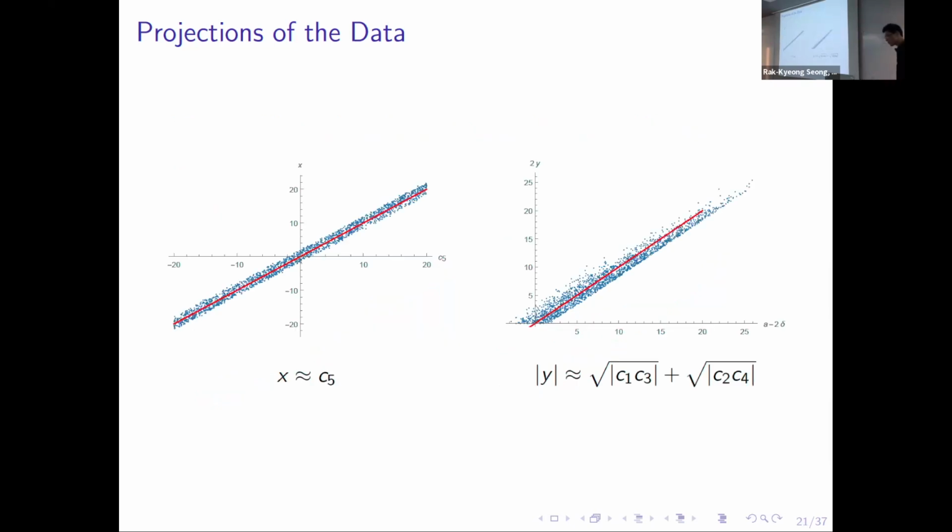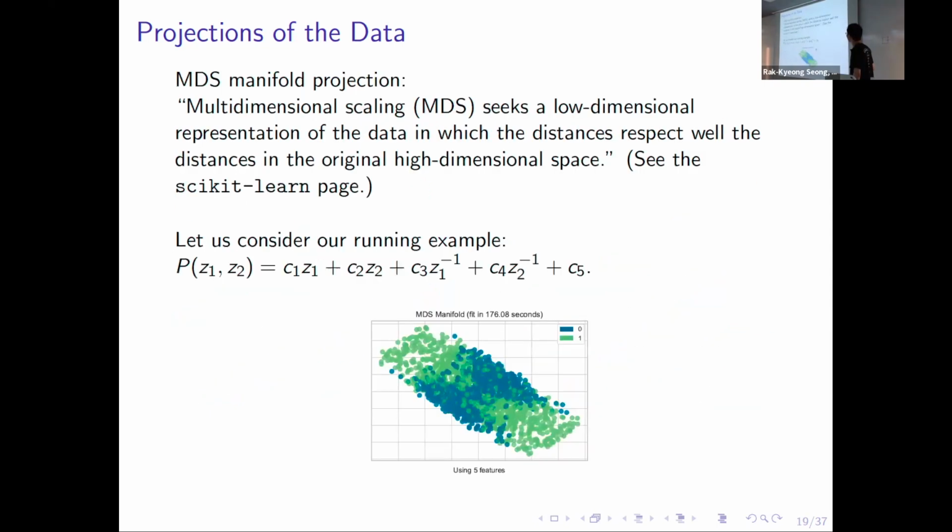So for x, it's relatively simple. It's basically this line. Somehow it's tilted, I'm not sure, but it's this line.